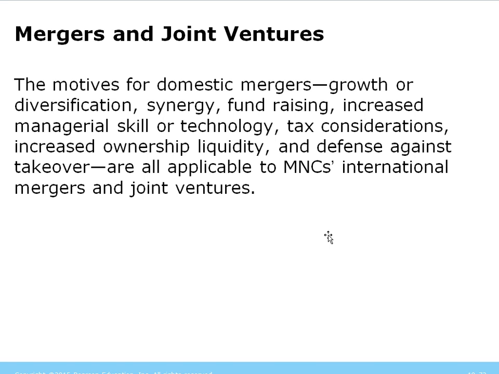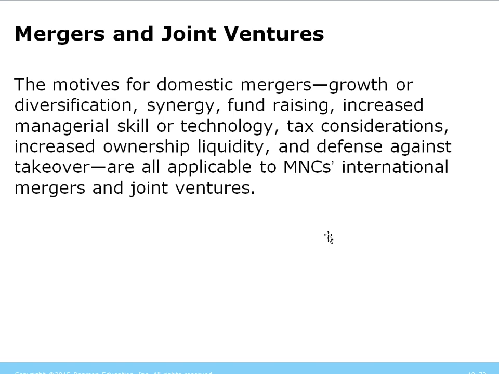You can also get increased managerial skill or technology. For example, if a gasoline-centric automotive manufacturer purchases an electric automotive manufacturer such as Tesla, they get all the benefits of their technology. There are also certain tax considerations, such as when we talked about Burger King merging with Tim Hortons, a Canadian company.